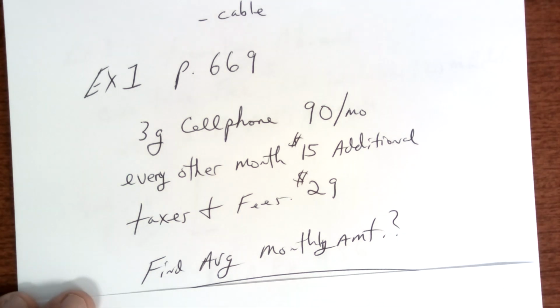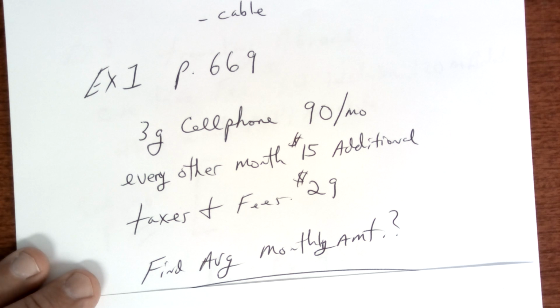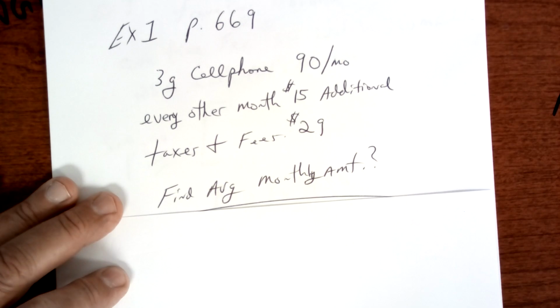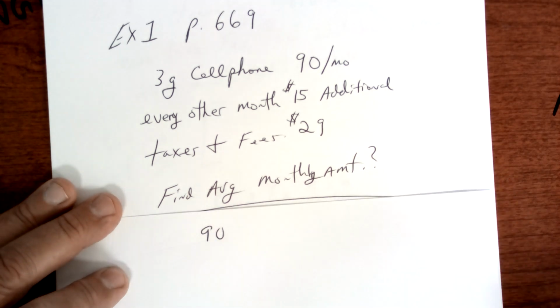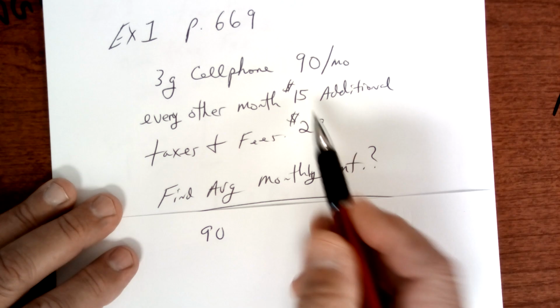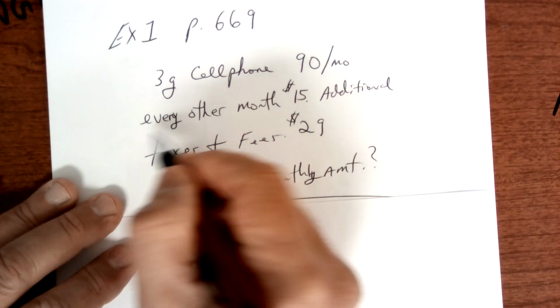Okay, so what's going on is, this person has 3G, okay, and they pay $90 a month. Let me make this a little smaller. So $90 a month, okay, and then they pay an additional $15 every other month.